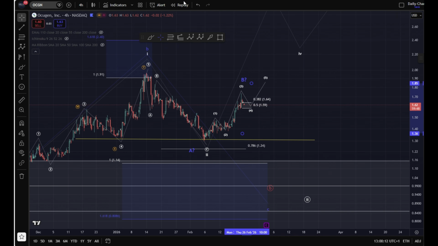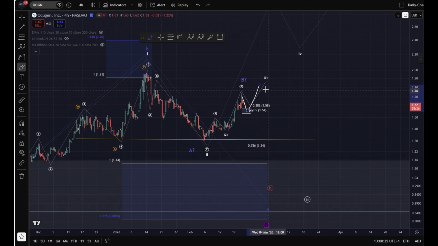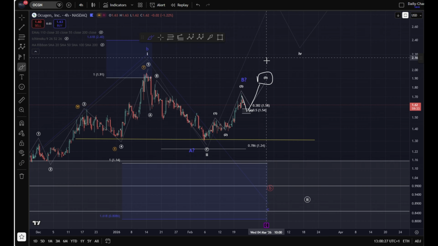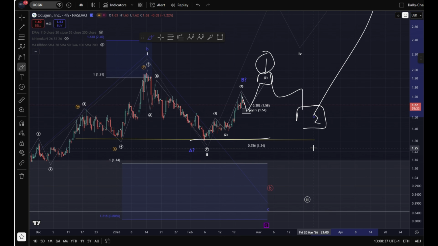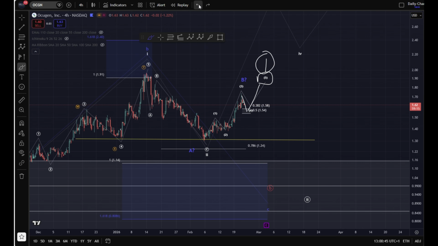But if we get a pullback right now or today, then I would look for the price to hold the $1.54, and from there I want 1 more wave to the upside into the 5th wave, which would complete a larger wave 1. Then we will look for 3 waves down into the 2nd wave with a stop loss below the start of wave 1, and then we could trade the 3rd wave of the 3rd wave, which could accelerate really fast to the upside. But anyway, that's just speculating currently.